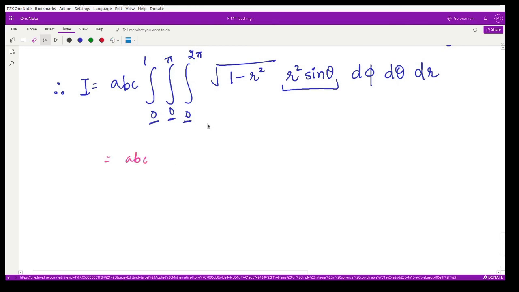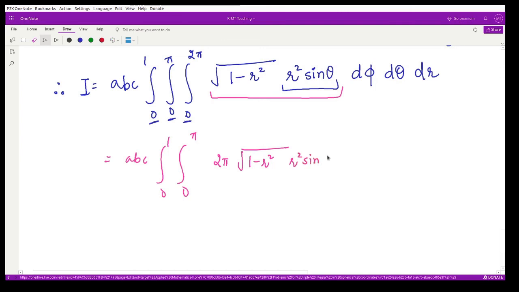First of all, we'll perform the integration with respect to phi. There is no phi, so its integration would simply be equal to 2 pi into this whole term as such, 1 minus r square sine theta, and d theta dr. The next thing is we have to perform its integration with respect to theta as well as with respect to r.